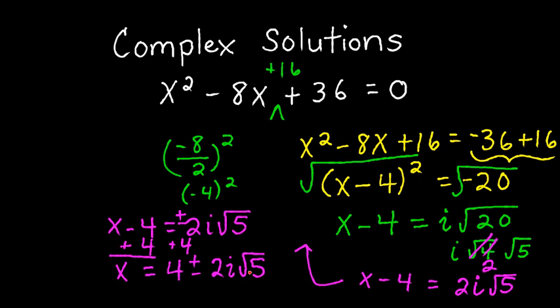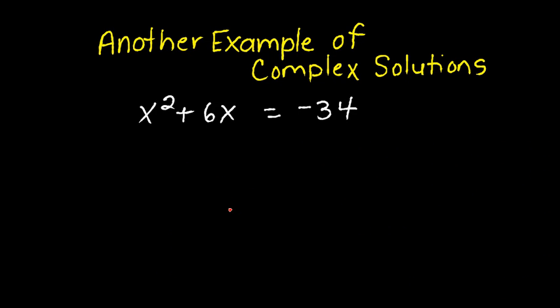Now I think I have time to do one more of those, and I might end up having this video terminate in the middle, but that's okay. Let's see how far we can get. I need to find out what the third term would need to be, so I'm going to take my 6, cut it in half, and square it. 6 divided by 2 is 3. 3 squared is 9.